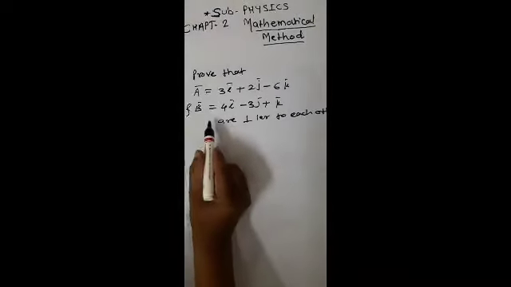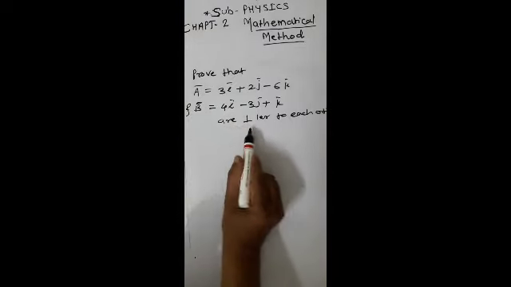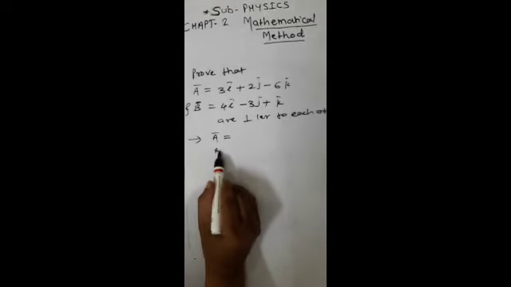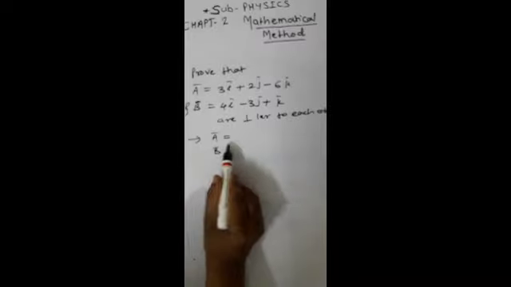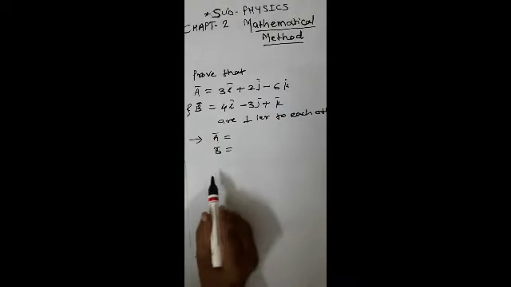That means we have to prove that a bar dot b bar is equal to 0, then these two vectors are perpendicular to each other. Therefore, first we write a bar is equal to 3i plus 2j minus 6k, and b bar is equal to 4i minus 3j plus k. Then we have to find a bar dot b bar.